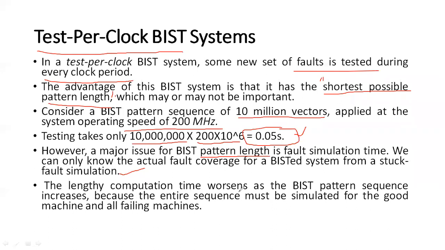If there are any faults in the test pattern, you need to identify the test pattern, the test pattern length, as well as the fault coverage. All these three should be identified. So it is a major issue in built-in self-test: the fault coverage, the test patterns, and the fault simulation time.